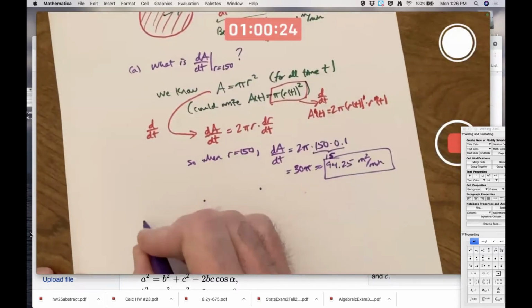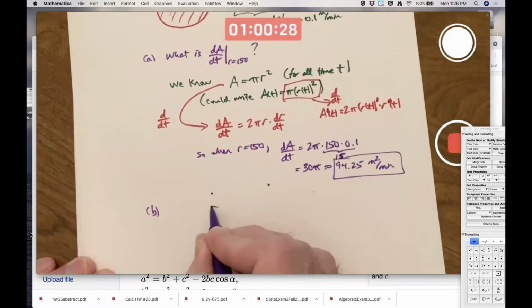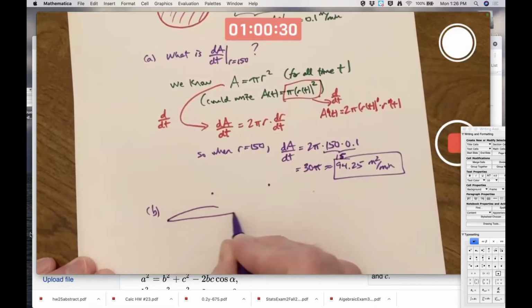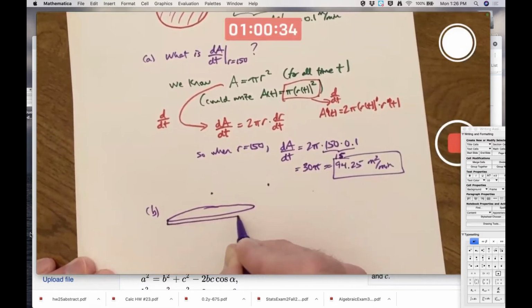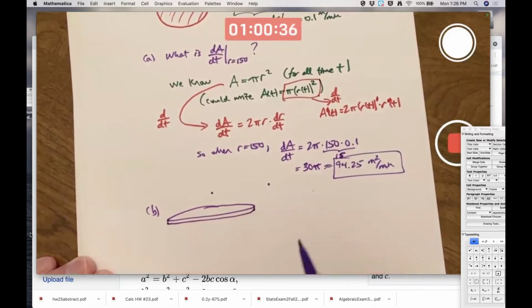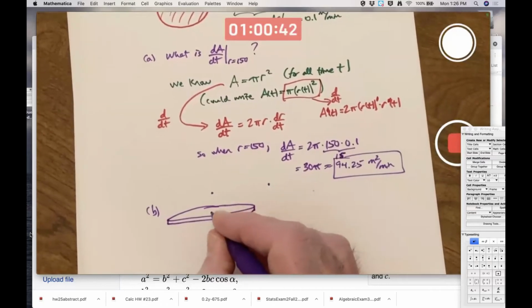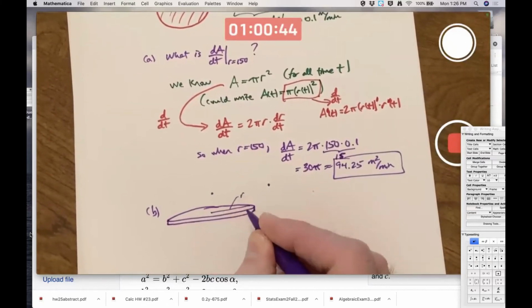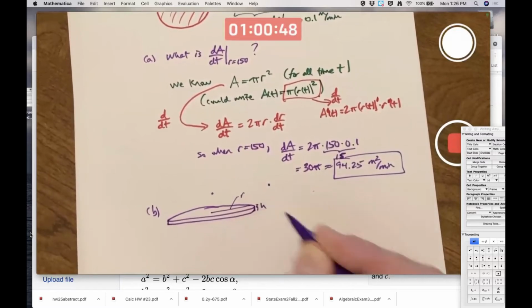So what we're really after here in part B is that we're now assuming the oil has some thickness to it. We're really assuming it's a very large pancake shape, with a certain radius and a certain thickness. I'll call the thickness h because it's a height.